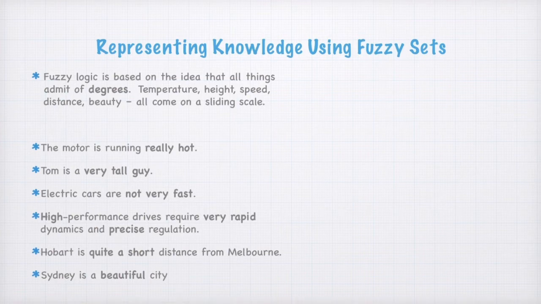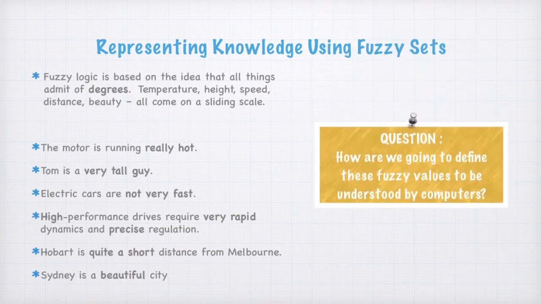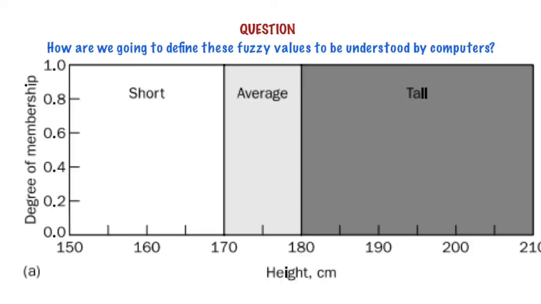So this knowledge needs some kind of formal representation in computers. The question is, how are we going to define these fuzzy values to be understood by the computers? You can see this set. We have three sets here, which are short, average, and tall.